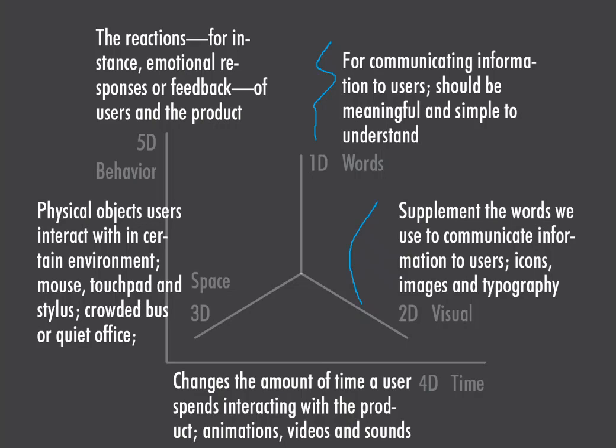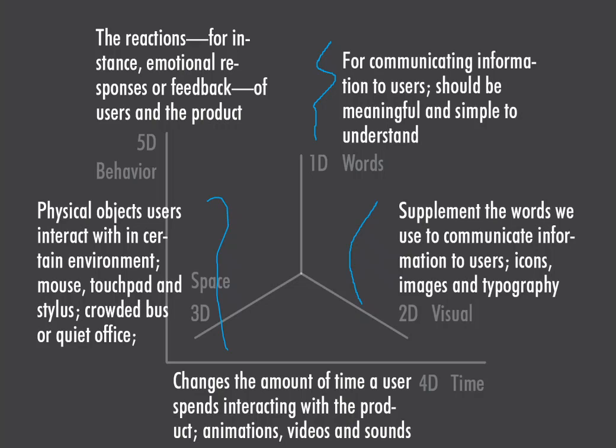Third dimension is space. It's actually saying the physical objects users interact with within a certain environment: mouse, touchpad or stylus, or even the environment you are using the product in while interacting with the computer interface.